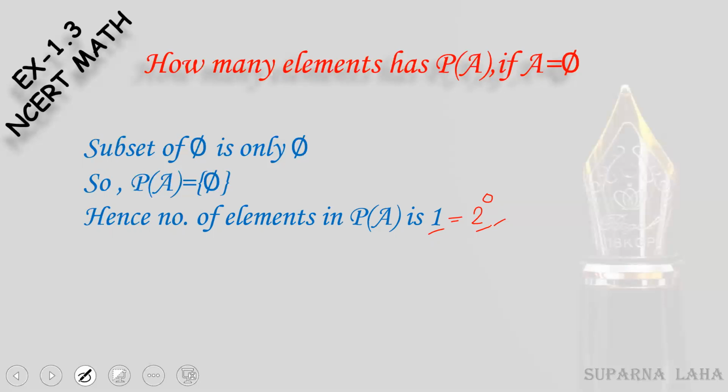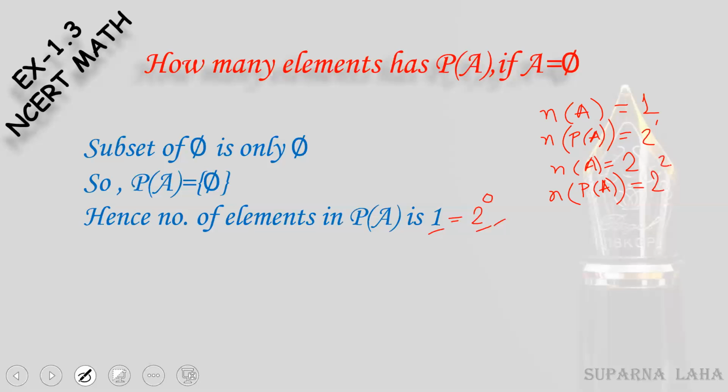Now if the number of elements in the set A is 1, the number of elements in the power set is 2, that is 2 to the power 1. Now if the number of elements in the set A is 2, we already calculated in our previous example that it is 4, that is 2 squared.